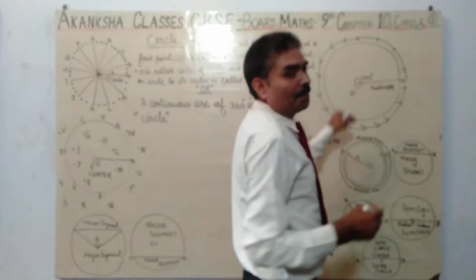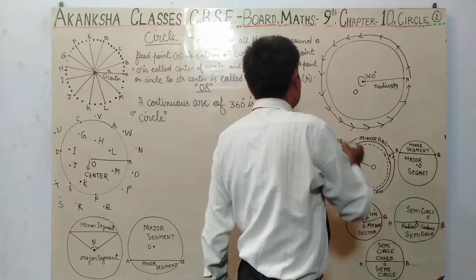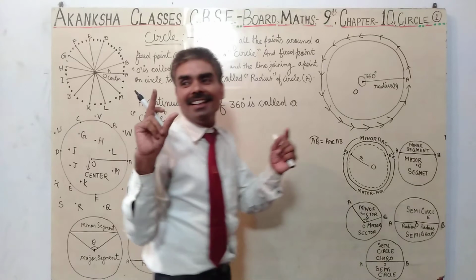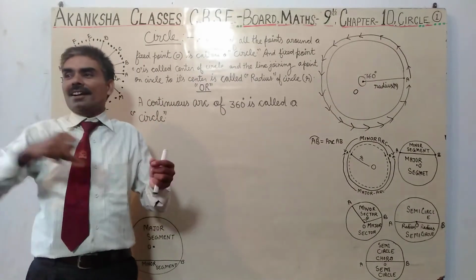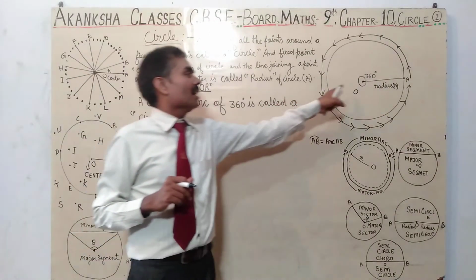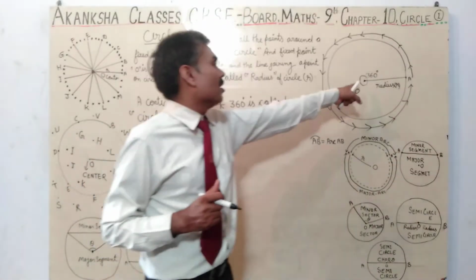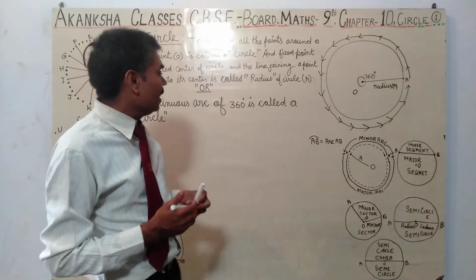Where the compass is put is called its center, and the distance taken in the compass for drawing the arc is called the radius of the circle. This point is called the center of the circle.